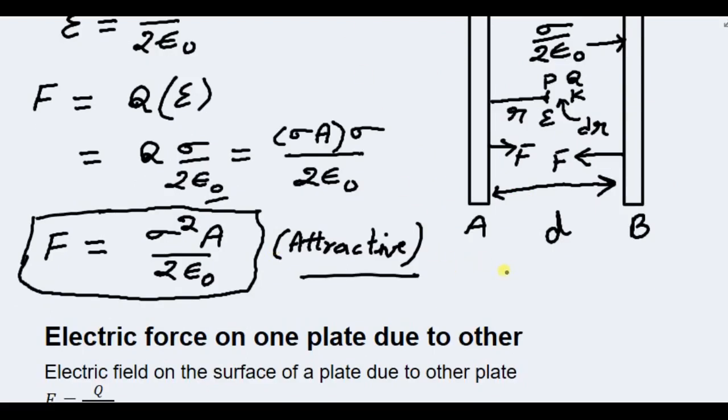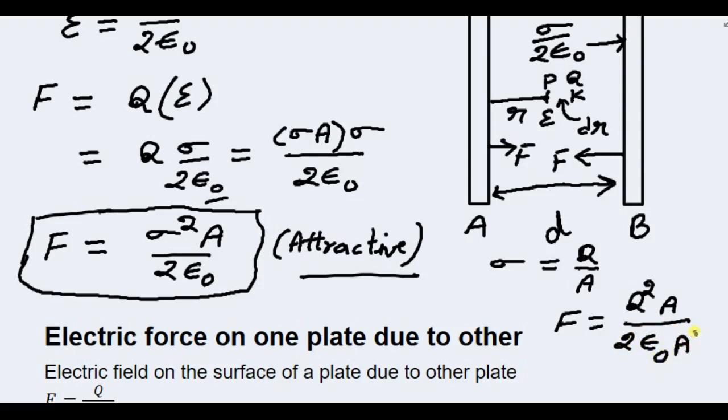As sigma is Q upon A, we can also write F is equal to Q square upon 2 epsilon naught into A square.